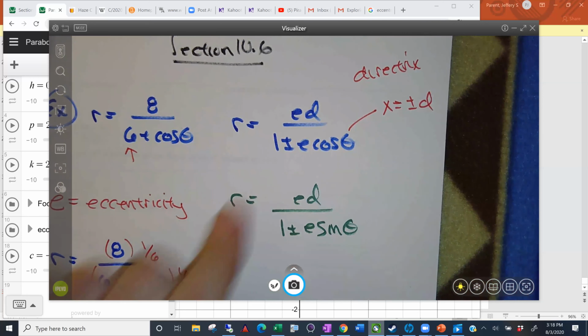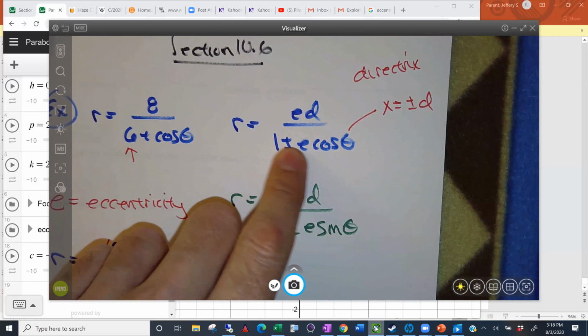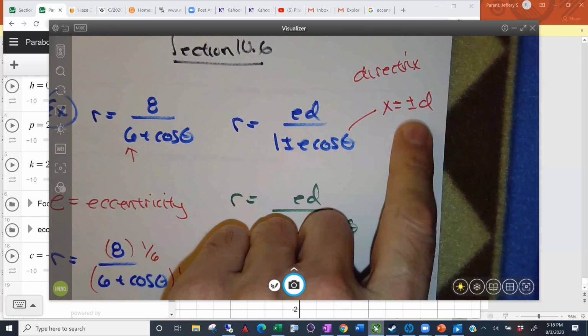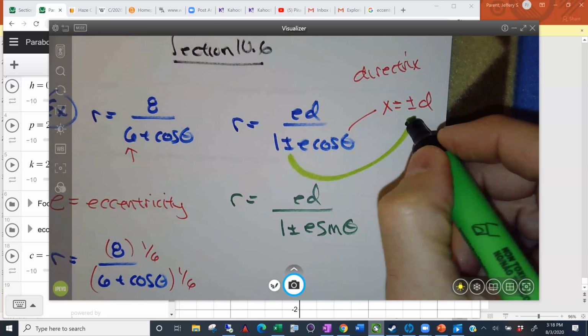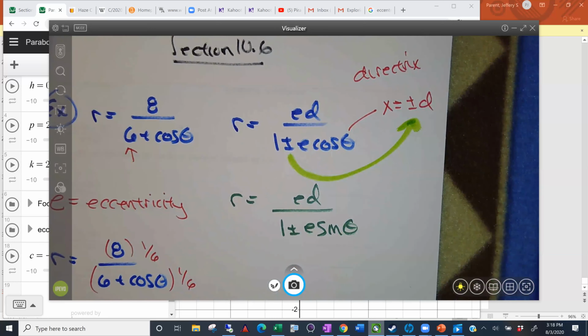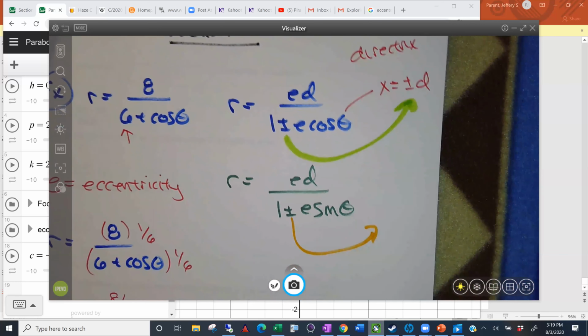So if I had 1 plus 1/6 cosine of theta, then I'd have a plus here for my equation of the directrix. Now, if you have a sine instead of a cosine down here, sine goes with the y coordinate. That's my new little mnemonic for myself for remembering these things.